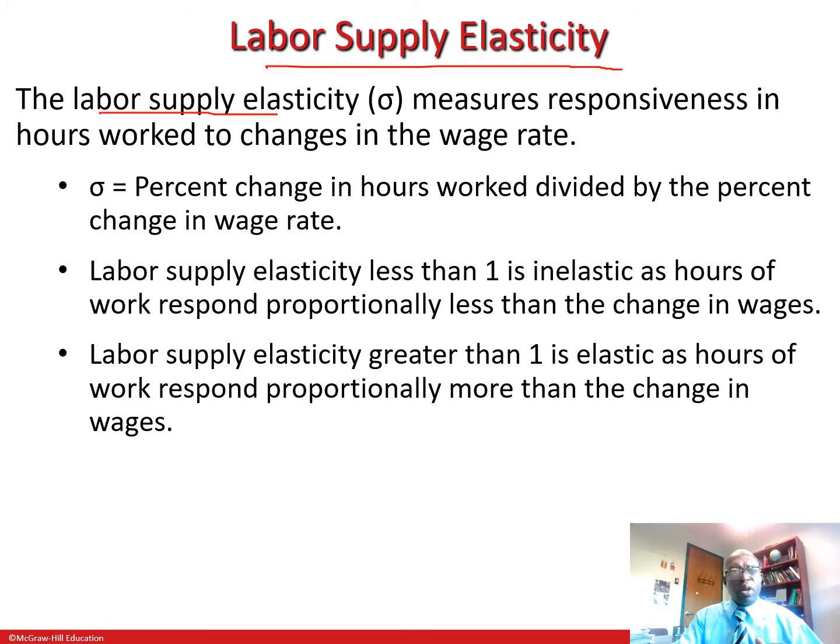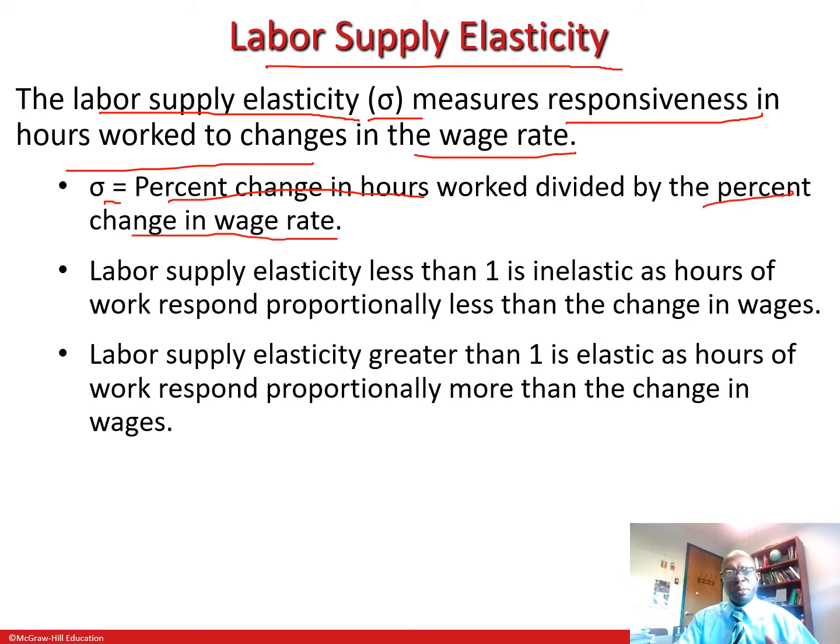The labor supply elasticity, gamma, measures the responsiveness in hours worked to the change in the wage rate. Mathematically, gamma equals the percent change in hours worked divided by the percent change in the wage rate.